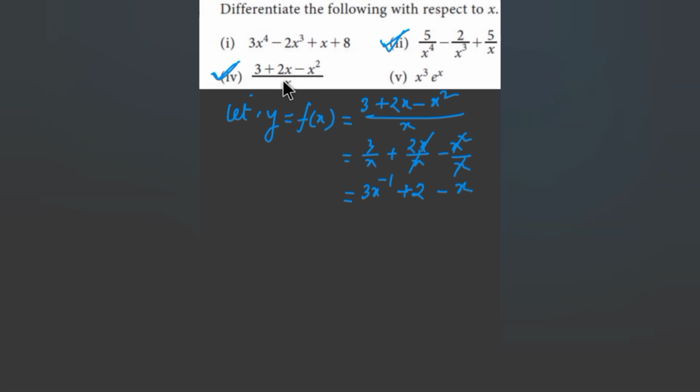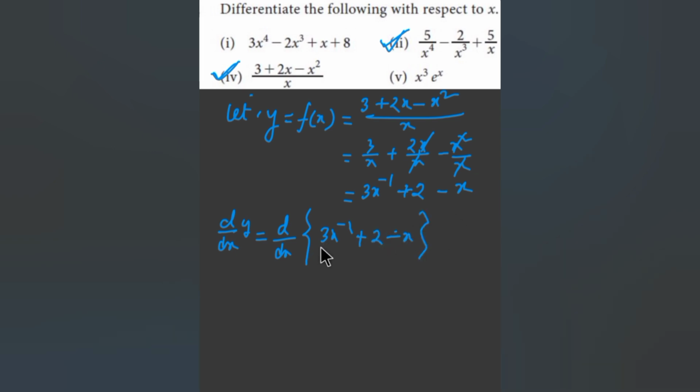So now we will solve the math. So we know that dy dx equal to d dx of the y function, so 3x to the power minus 1 plus 2 minus x.